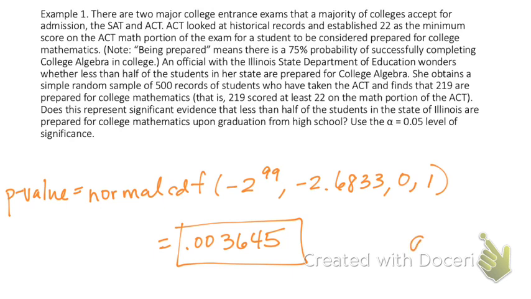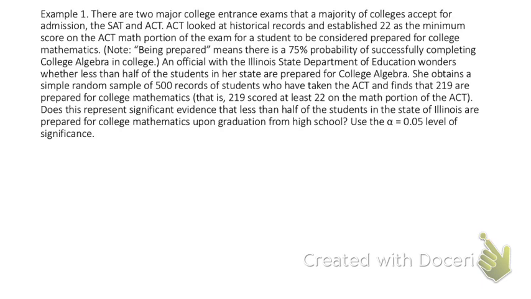And what's my alpha? I'm just going to write it out to the side. My alpha is 0.05. I'm writing it right here so that I have it there to compare. So next step is I'm going to make my decision.